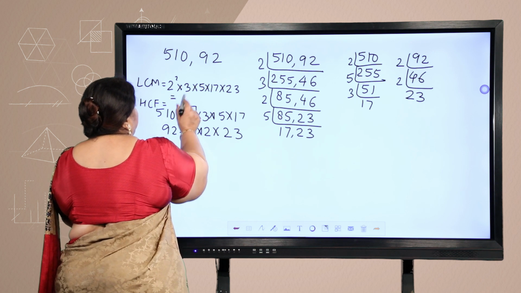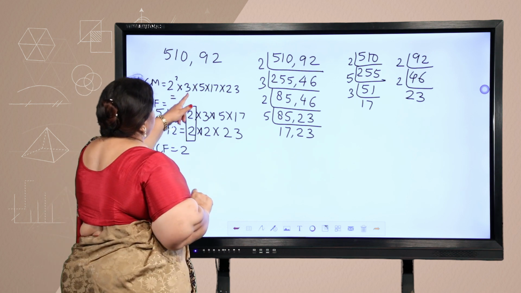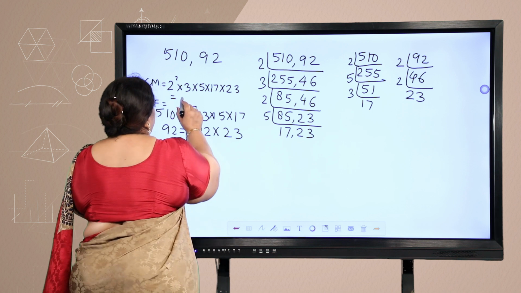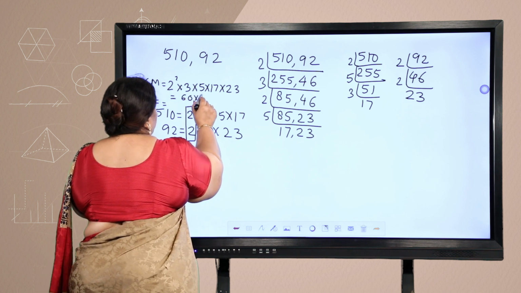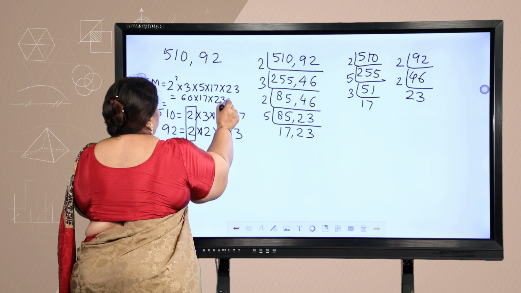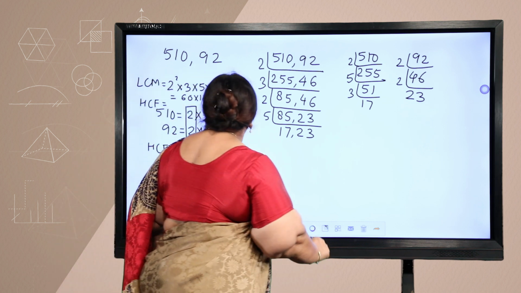Let us multiply here to calculate: 4 3s are 12, 12 5s are 60. So, 60 into 17 into 23 will give me the LCM.